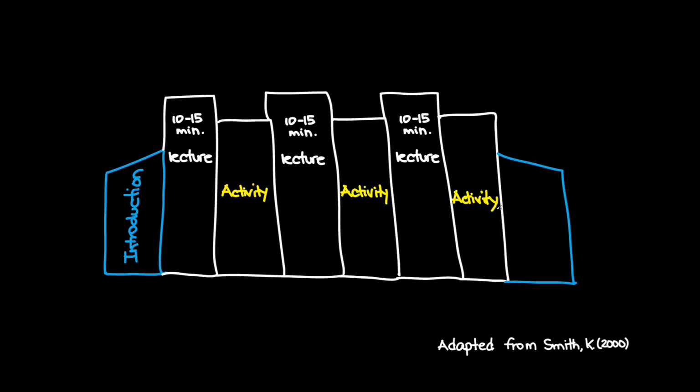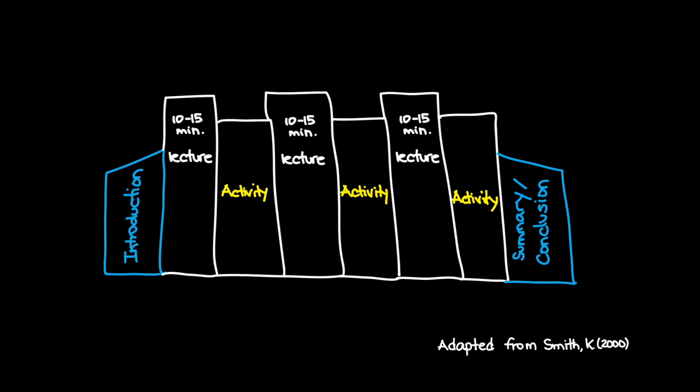The lecture then ends with a concluding section. Breaking up the lecture in this way allows for students to reset their attention so that each time a new section begins, we have their full attention.